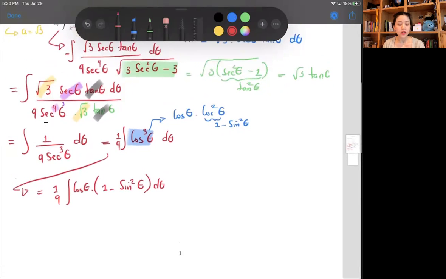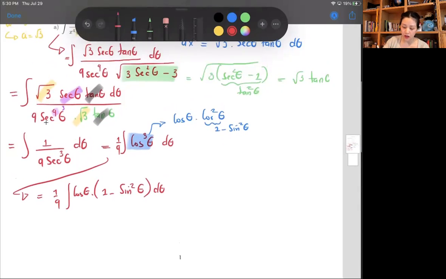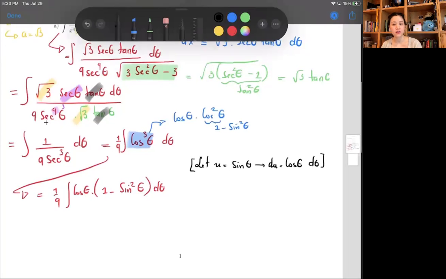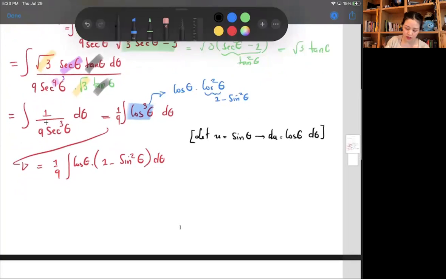Now I'm going to use substitution. I'm going to let u equal sine theta, so this implies du equals cosine theta d theta. Now I'm going to plug it in and see what we have.